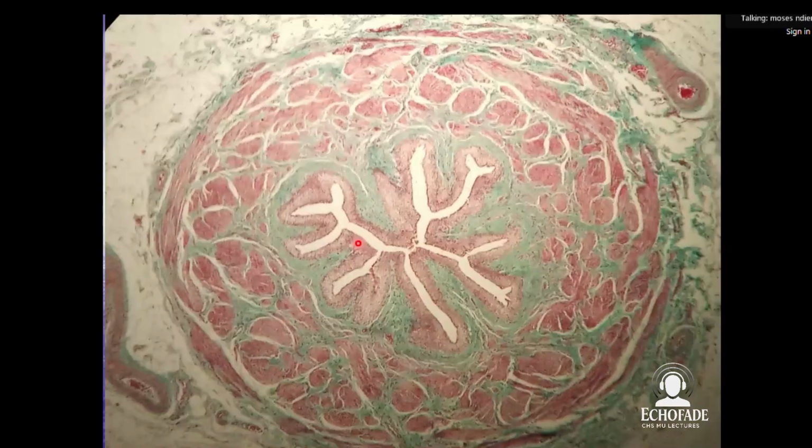The transitional epithelia, remember, is capable of being stretched. So when the bladder is full, it becomes almost flat. When the bladder is empty, the cells at the outermost layer are dome-shaped.